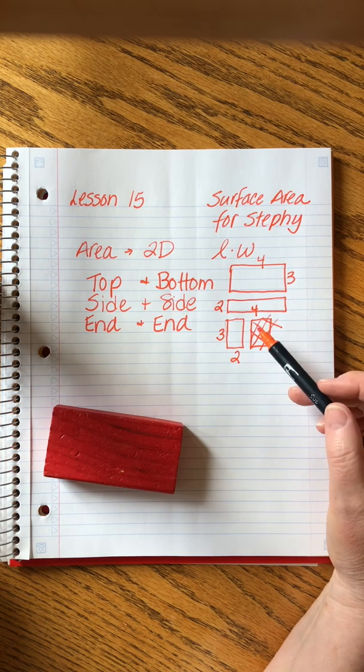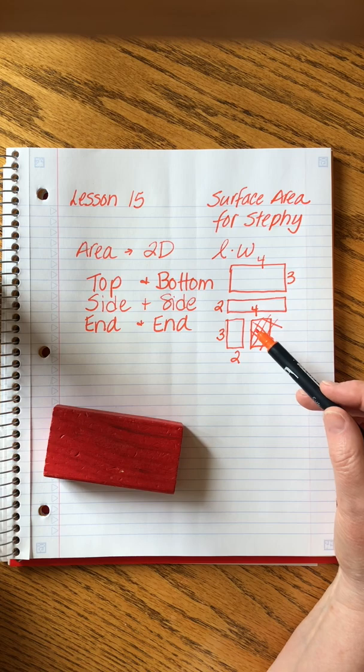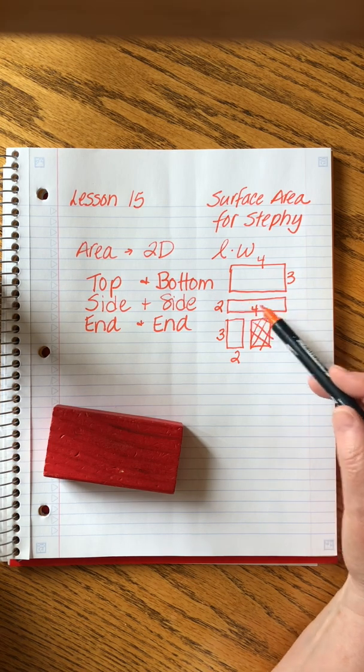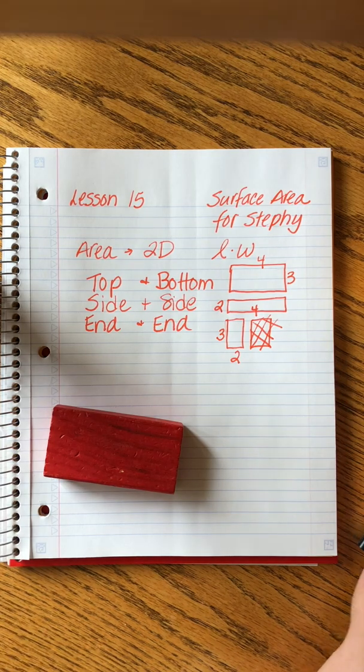If you're still confused, I would recommend that you get a cardboard box and a strong pair of scissors and literally cut it up to see and lay out the different sides. That may help you.